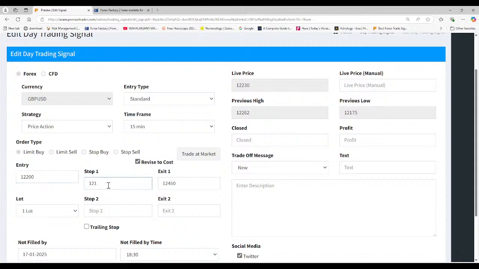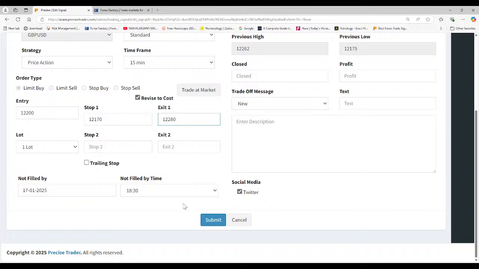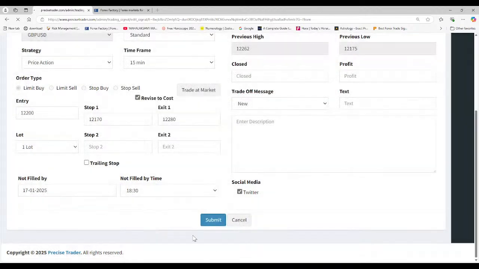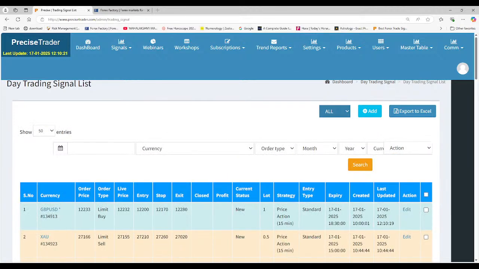Then the stop we will put 5 pips below the yesterday's low. Okay, then we'll try to exit at 80, because remember 80 there is a resistance. Then if that 80 breaks, then only we can see 123.05. Expiry, this one we can go up to the next time belt, which is 1830. Okay, let's move on to the next cross.